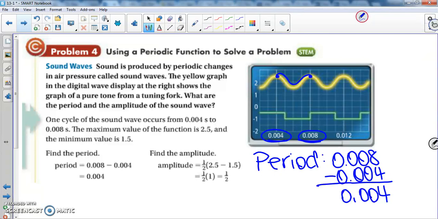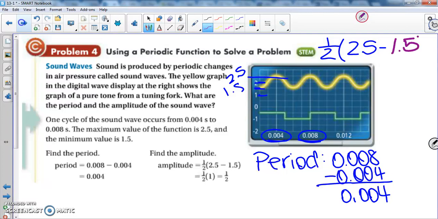The maximum value of this graph, so this is 1, this is 2, is at 2.5, and the minimum is at 1.5. So 1/2 times 2.5 minus 1.5 is equal to 1/2 times 1, which is 1/2.